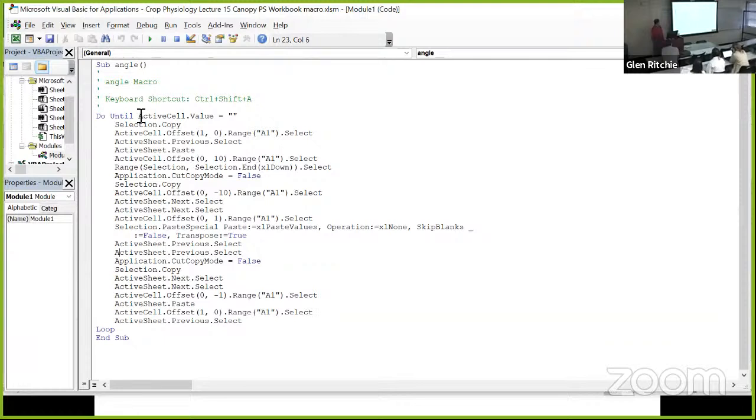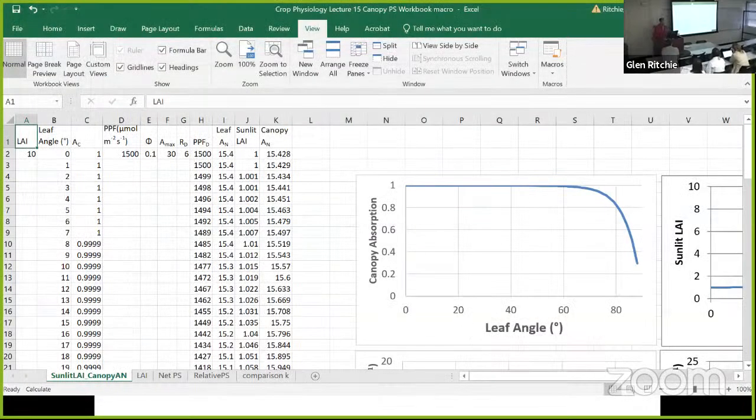And I set up a do loop so that it just runs through all of the leaf area indices. Instead of it taking me like 2 or 3 hours to do all of this manually, I was able to just hit it and let it run, and it took like 3 or 4 minutes.